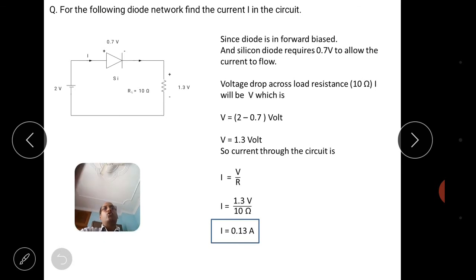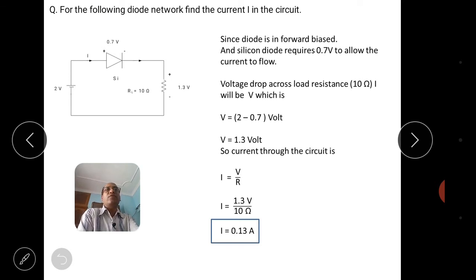So we say that since the diode is in forward bias condition and the silicon diode requires 0.7 volt to allow the current to flow, the voltage drop across the load resistance will be V, which is 2 minus 0.7 volt. Because the total supply voltage is 2 volt, 0.7 volt is taken by silicon, so the rest of the 1.3 volt will be available across the resistance.